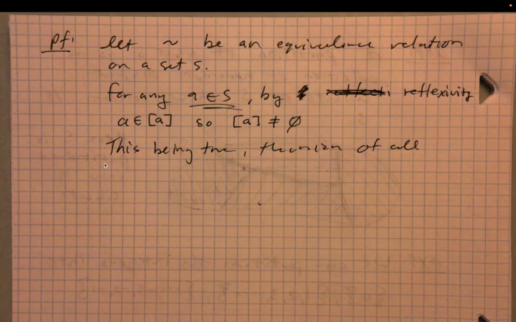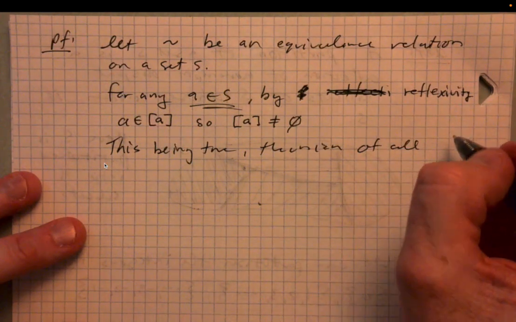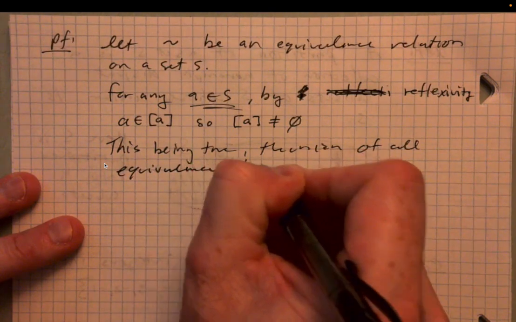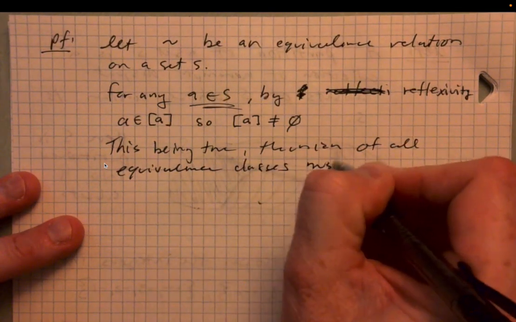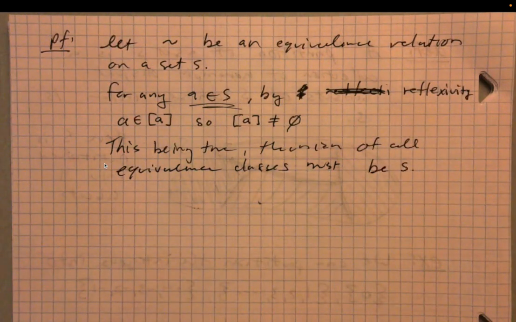And so that being the case, the union of all such equivalence classes must be equal to S. So that one's kind of straightforward. Okay, so we know that.